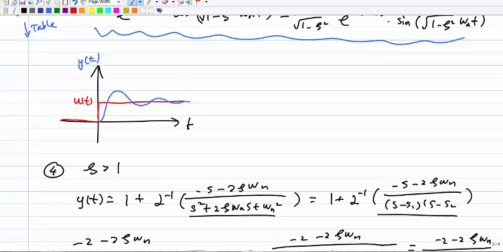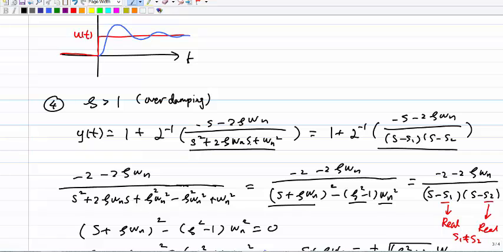So what if we have theta greater than 1? This is called overdamping. So basically, we want to rewrite. The output Y sub t is still 1 plus L inverse of the whole thing, right? As I mentioned before, this one we can write as S minus S1 times S minus S2.